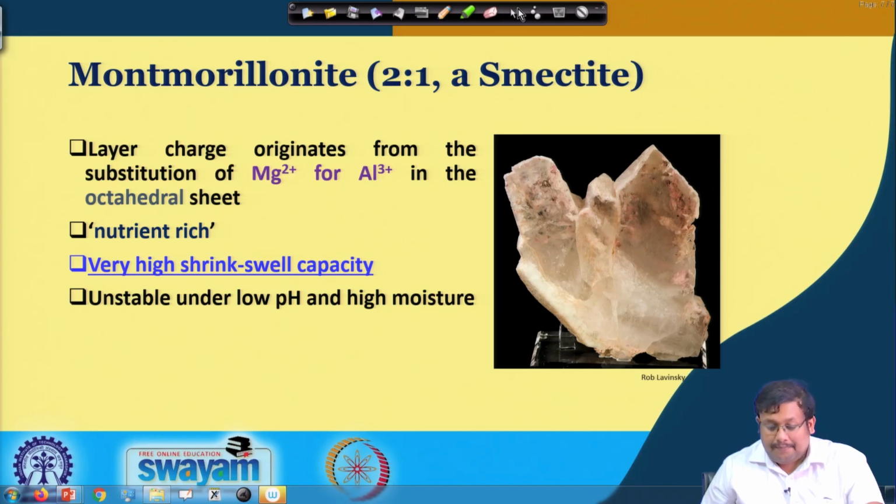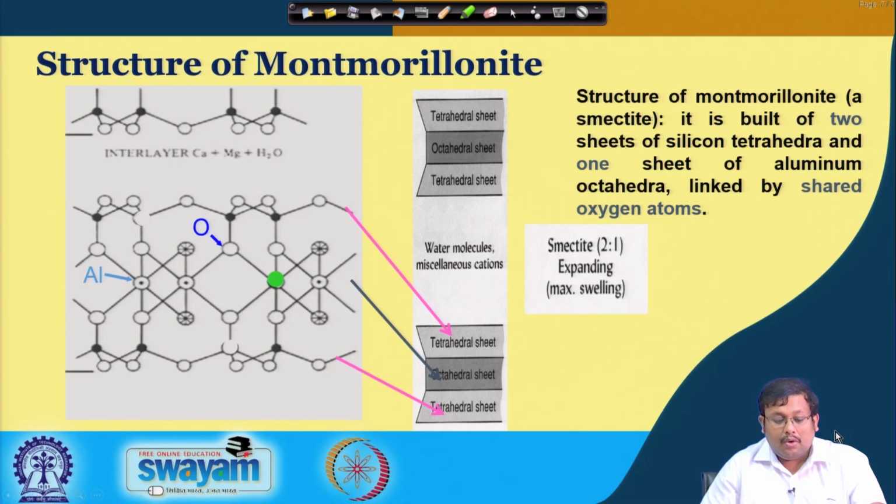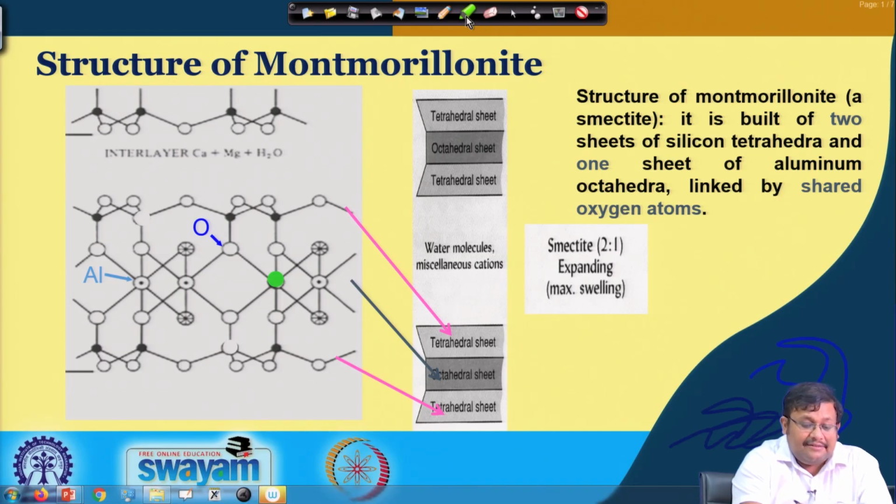So, if we go ahead and see the structure of montmorillonite, this is how it looks. Basically, this is one layer, and this is another layer, and in this 2:1 type of layer you can see at the octahedral layer one aluminum.